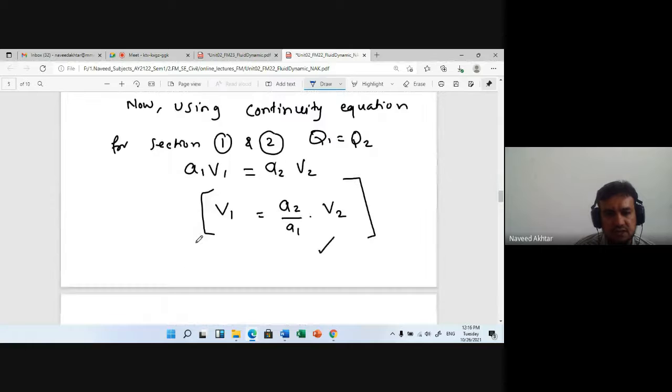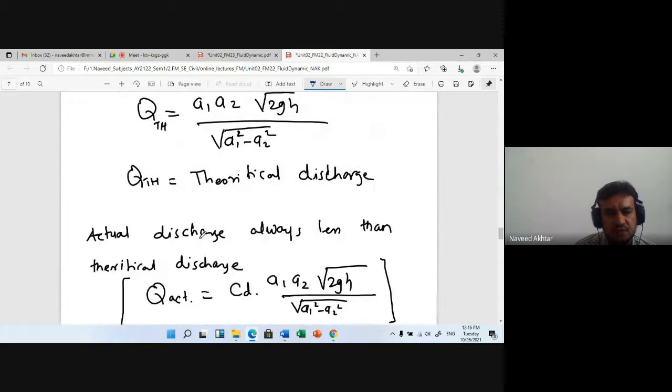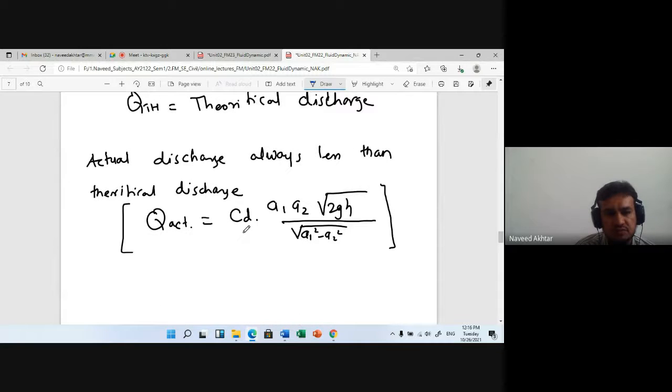At the end we saw that the actual flow is less than the theoretical flow, so there is a coefficient of discharge, called CD, which generally ranges from 0.95 to 0.99. This we already discussed yesterday.